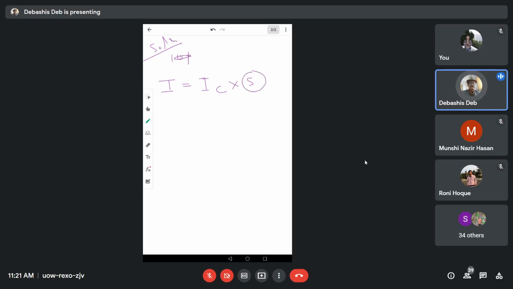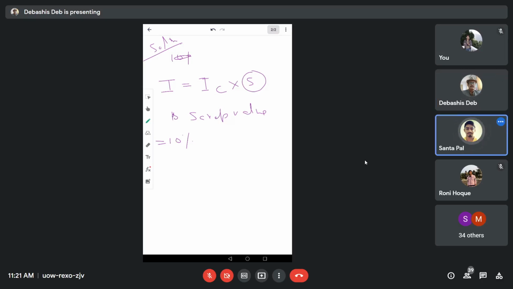Here it is written that scrap value is 10% of what? 6 lakhs, 4 lakhs, 10 lakhs, anything?